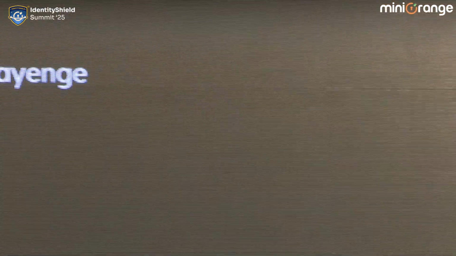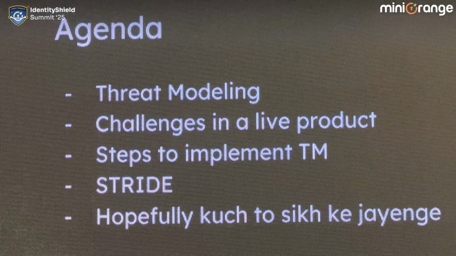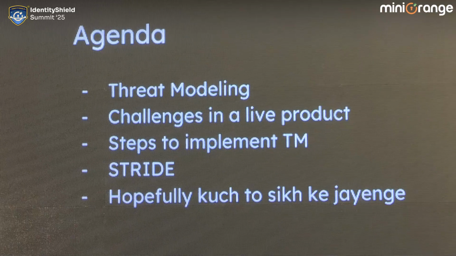Let's move ahead and understand what we are going to cover in this session. We'll understand what threat modeling is and how we will be implementing it. I'll take a small example and explain that. We'll also understand what kind of challenges we will have on a live product, like a cloud product that's already live.